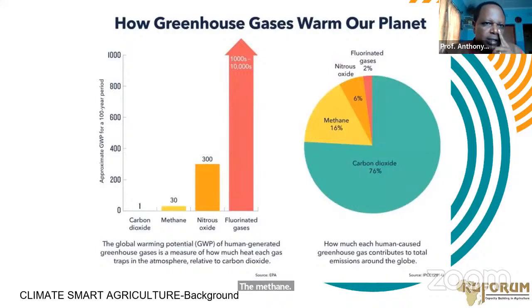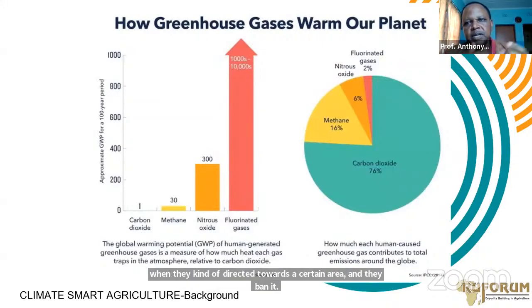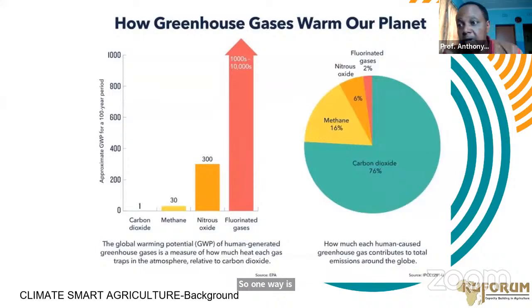In fact, they are saying that the only way is to burn it, when they direct it towards a certain area and burn it. So one way is, can we use methane to cook? Can we use it as a source of energy that we need in our industries? Can we relate in a way that it becomes useful for us?